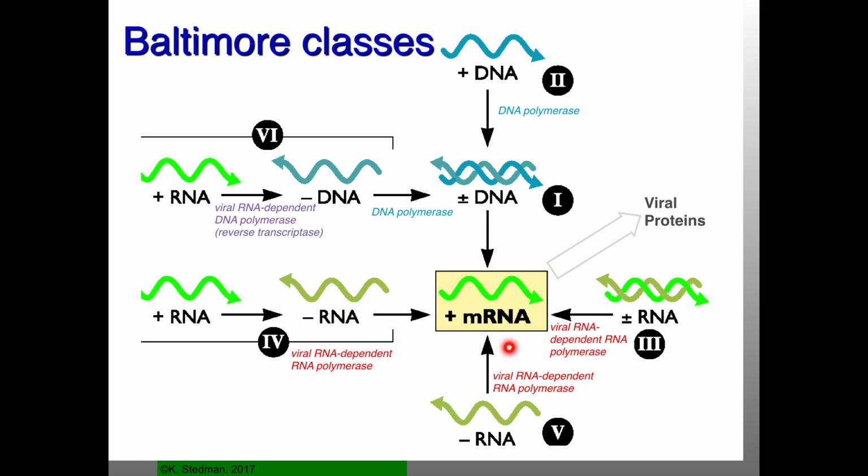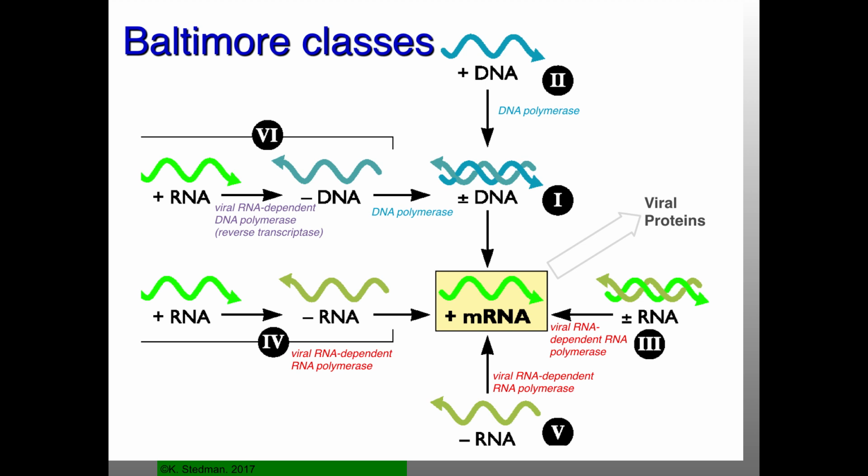All of them have to get to messenger RNA in some way, because no viruses to date have been found that have ribosomes. And again, as soon as we discover some, because it's biology and there probably are some, the gray zone again comes back. But as far as we're concerned, all viruses require cellular ribosomes.